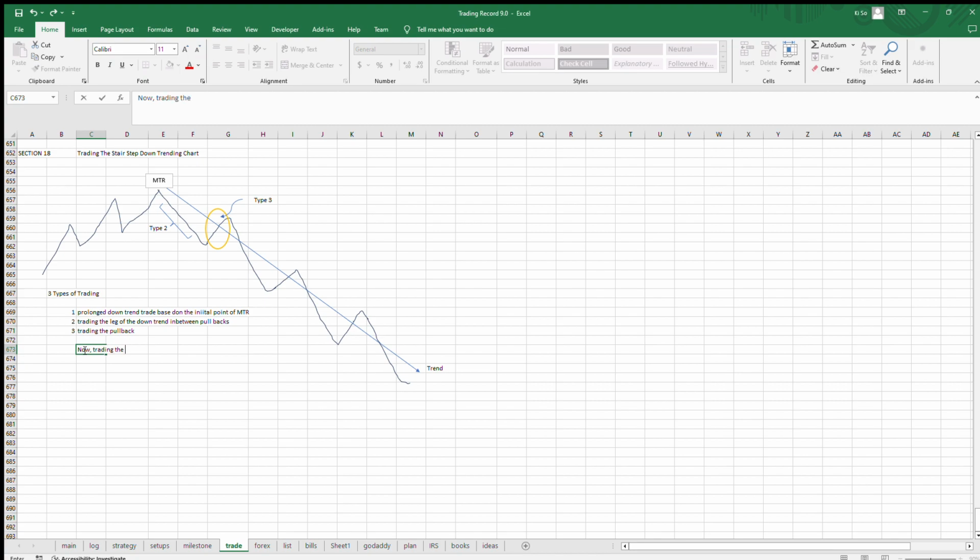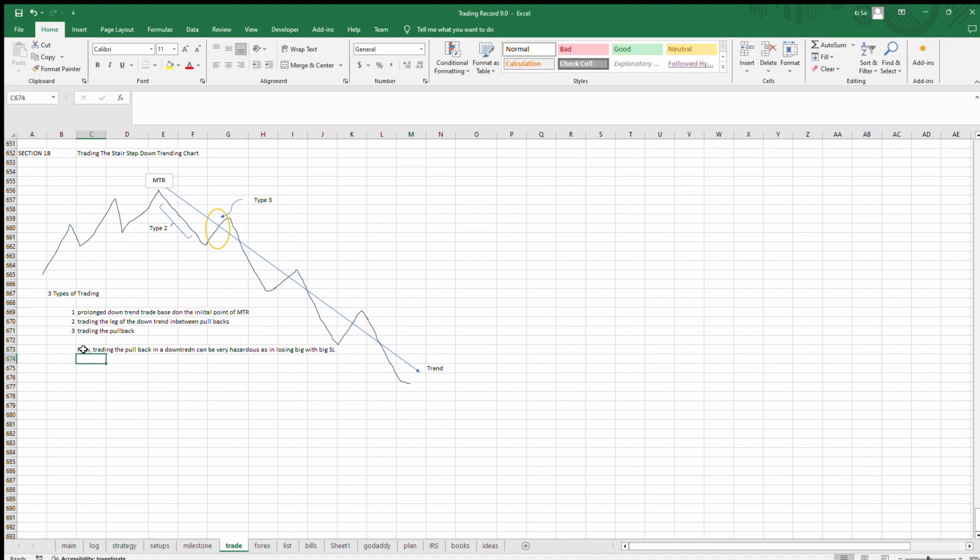Now, trading the pullback in a downtrend can be very hazardous, as in losing big with a big stop loss.